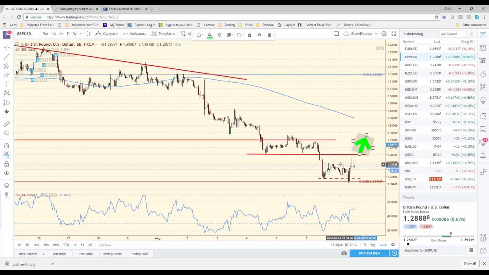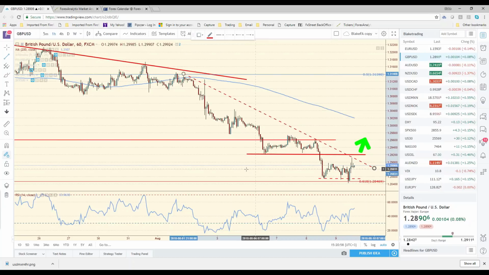So what does proving to me mean? Well, we've got to break above 129.20. If we break above 129.20, then I'll be convinced that a near-term reversal is at hand. And you can take it a step further and say, let's just make sure that we are breaking out.